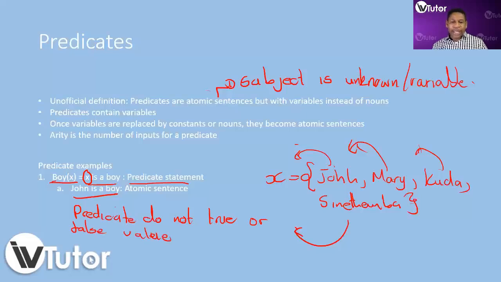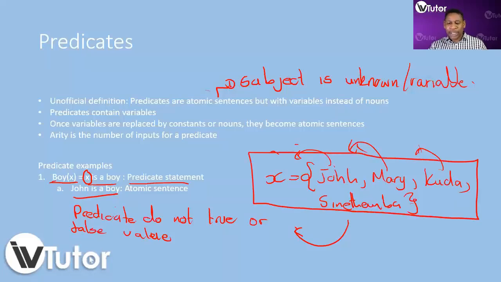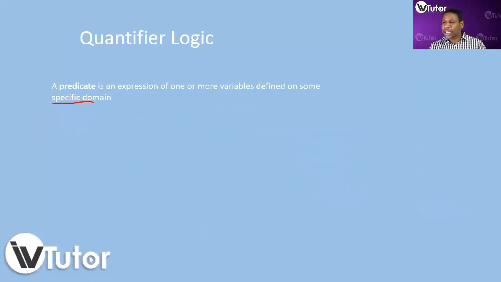Right. So if I say X is a boy, the first question I need to ask is, what is X or who is X? I cannot ascertain a true or false value based on a predicate. Then if I were to say X represents this set, which is the domain, and from our definition, a predicate is an expression of one or more variables defined on some specific domain.